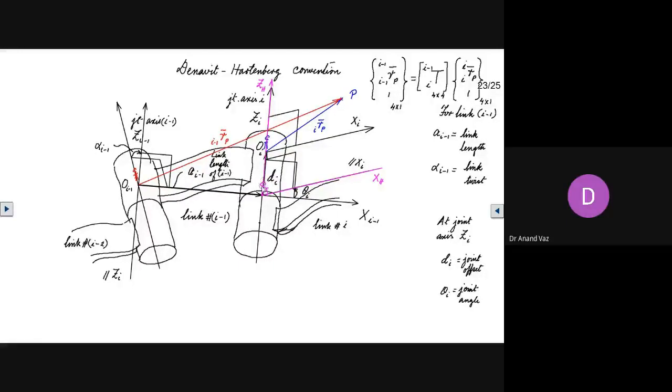Its axes are parallel, but it is shifted over here. So there's a movement along the z axis, and it is by an amount of di.